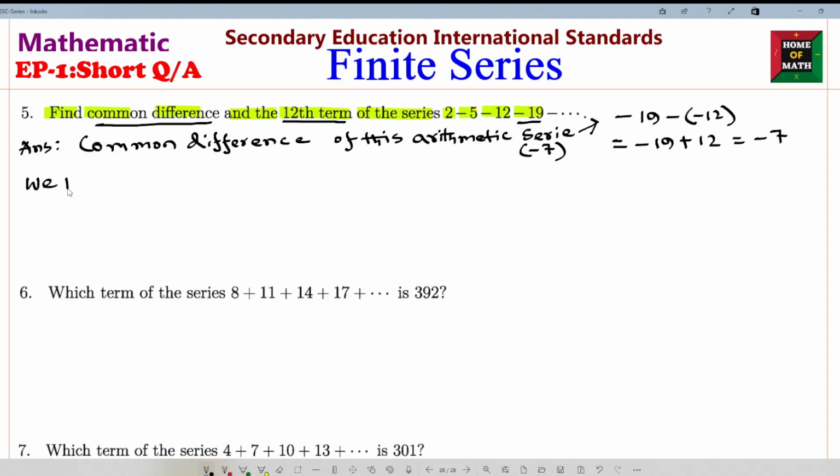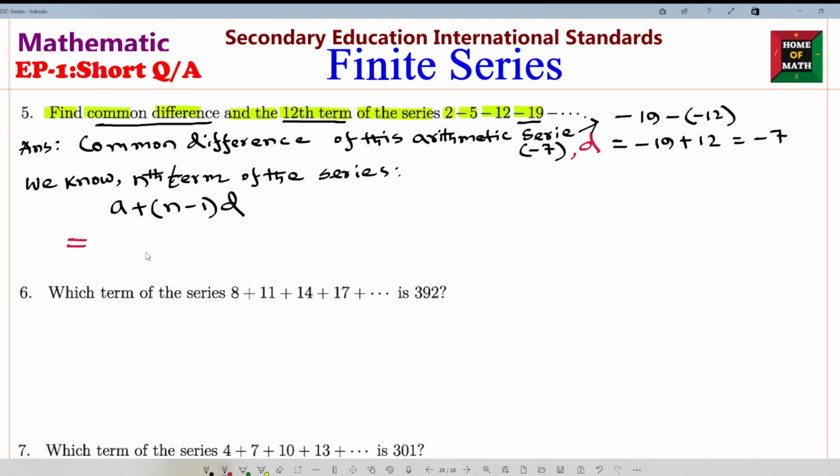We know the nth term of the series is a plus n minus 1 times d, and look, common difference means this is d.